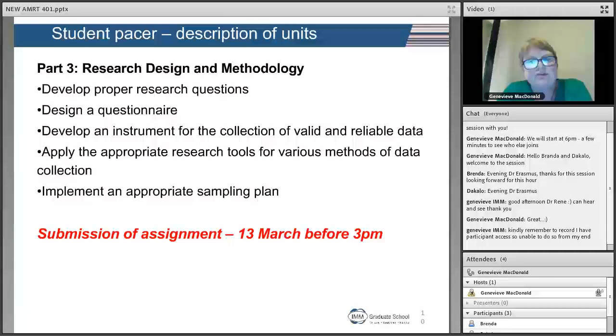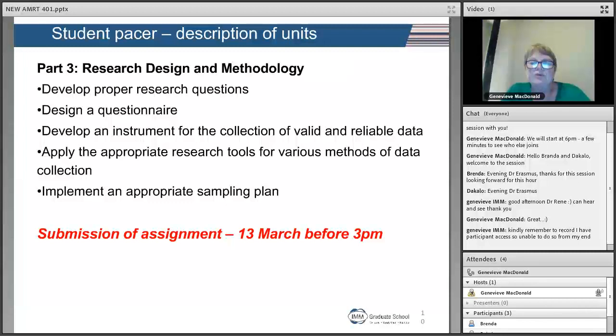What we usually do is a little bit of brainstorming, and then when we have got all the variables that play a role in the specific topic that you have, you then go to the theory and the literature to find what questions other researchers asked in similar designs, that you use to develop a questionnaire or an interview schedule. So you are developing an instrument for the collection of valid and reliable data.